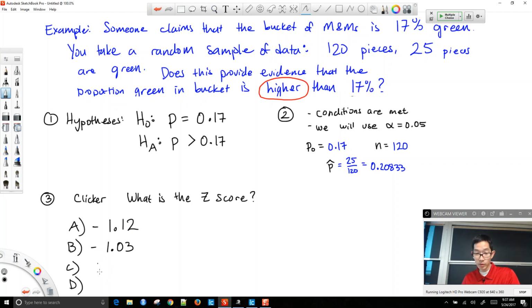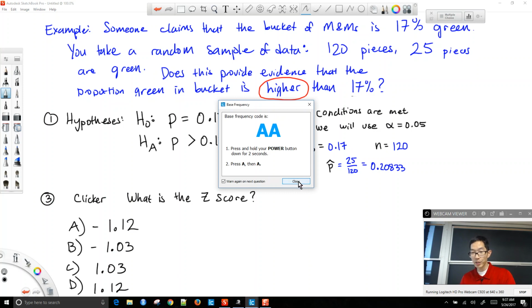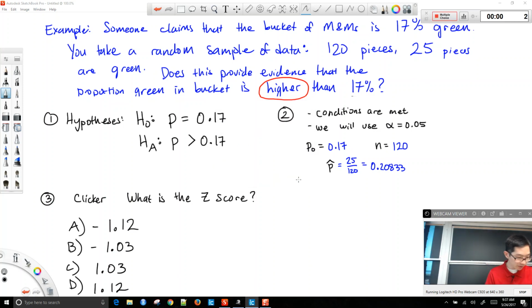I guess we'll just do positive versions of these. Okay, we'll just keep it easy. These are the answer choices that we want: negative 1.12, 1.03, negative, or positive. Positive versions here.